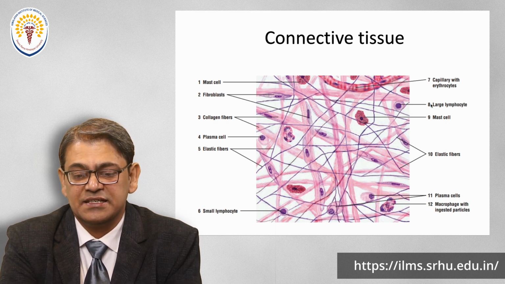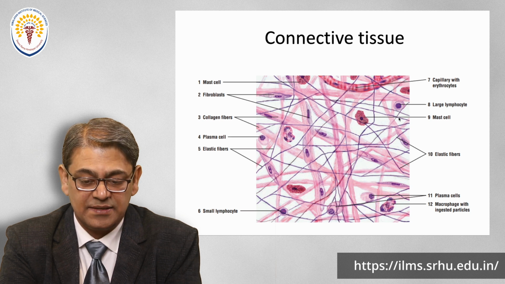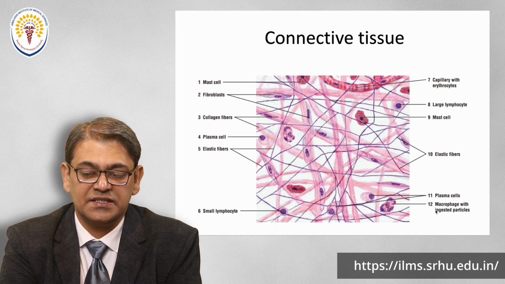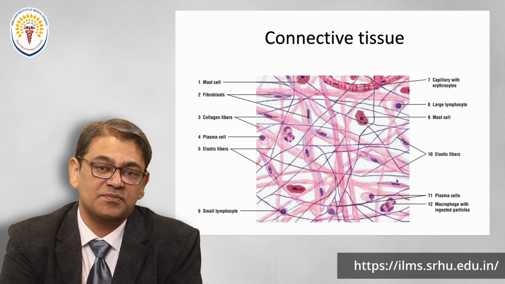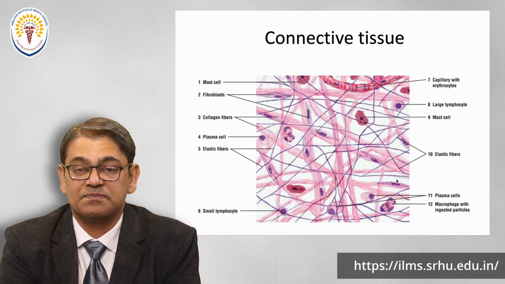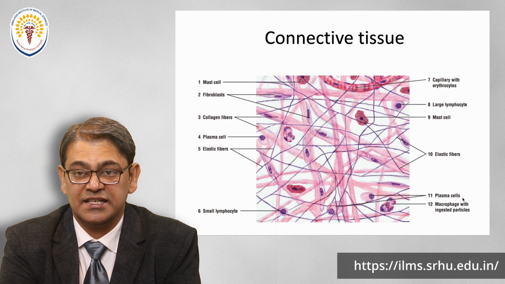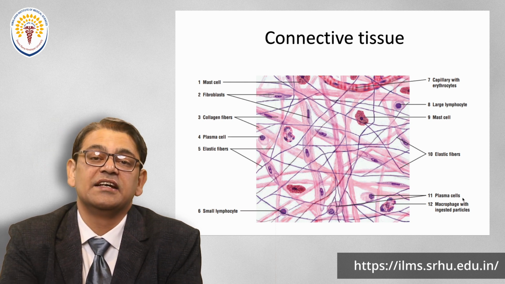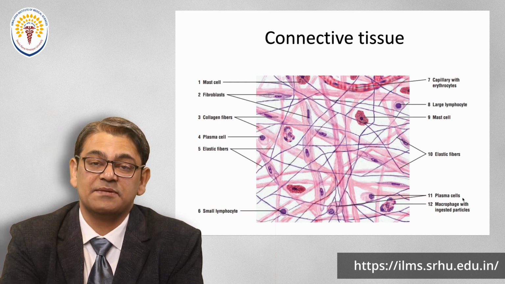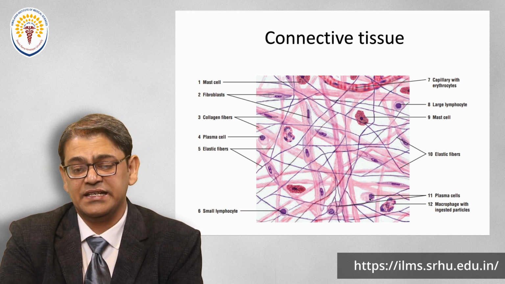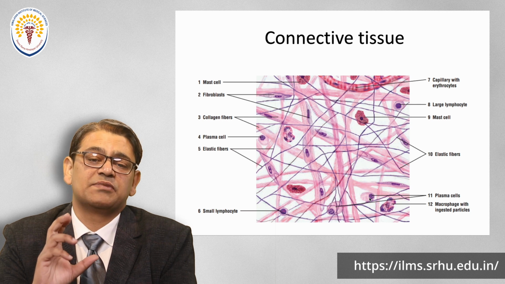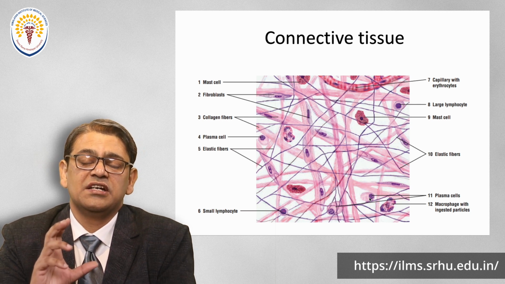Here in this picture the large lymphocytes are present, and the macrophages are also present because they eat up debris. You must also know the plasma cells, which are important in various areas of inflammation and defense mechanism. Here we also see one of the plasma cells. So various cells with fibers, when present, make up the connective tissue.